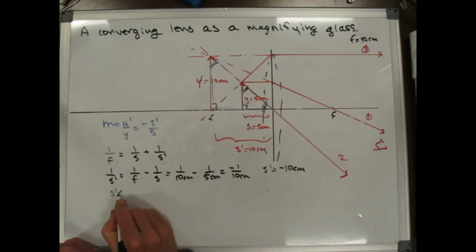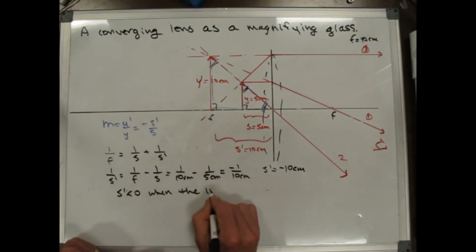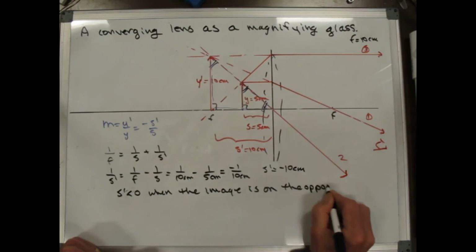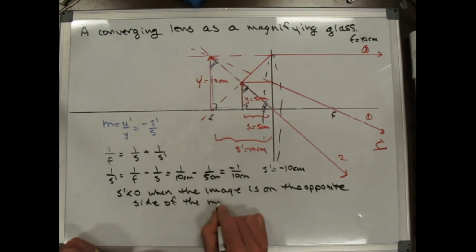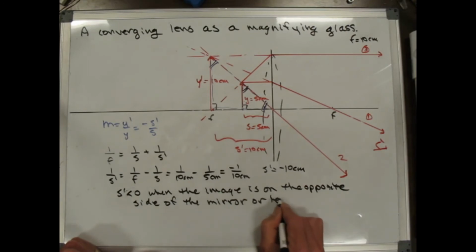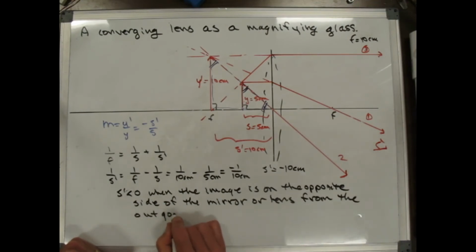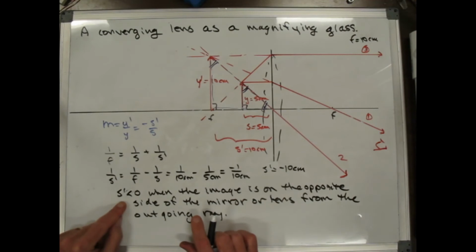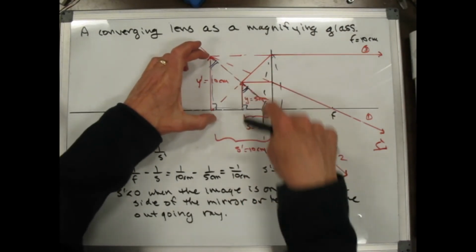If s prime is less than 0, the image distance is negative when the image is on the opposite side of the glass from the outgoing ray.